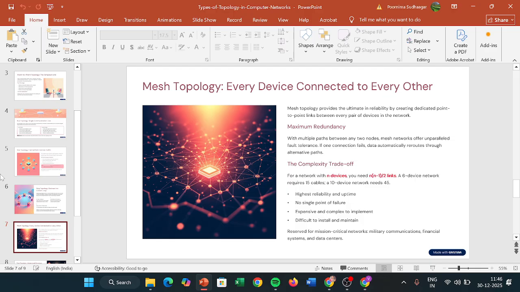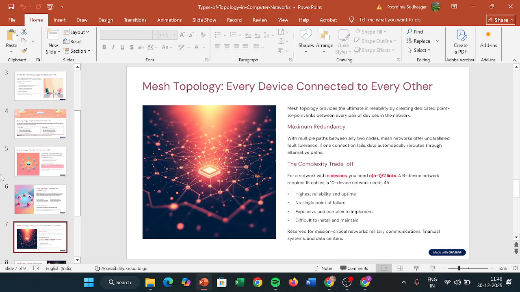These channels are known as links. With multiple paths between any two nodes, mesh networks offer unparalleled fault tolerance, which means if one connection fails, data automatically reroutes through alternative paths.